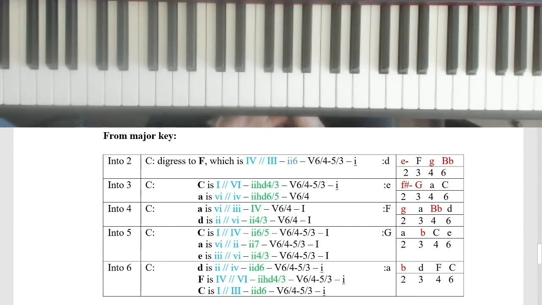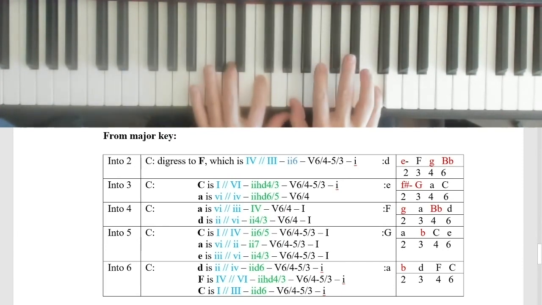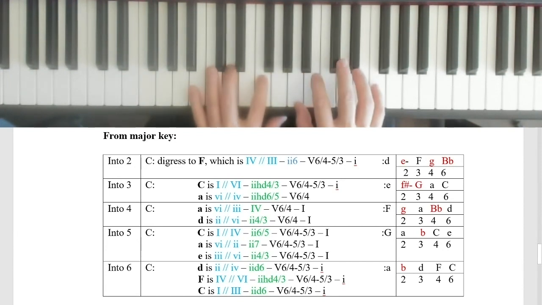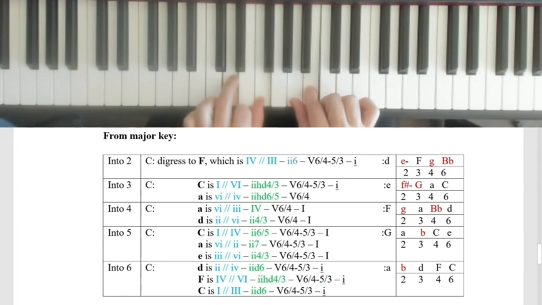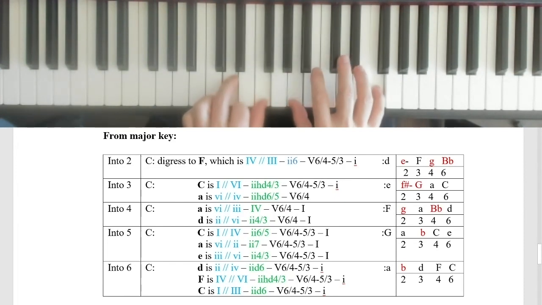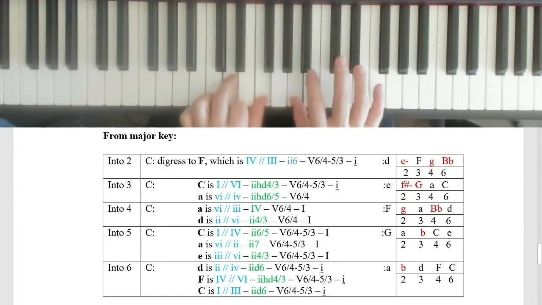So in order to go from C major to A minor, you can reach D minor like this, and then I suggest to turn this chord into, actually it's not even to diminish this, to have diminished 6/4 chord. That would be even better than it's written here. Because you just take one note, it's diminished fifth, so it's not augmented.